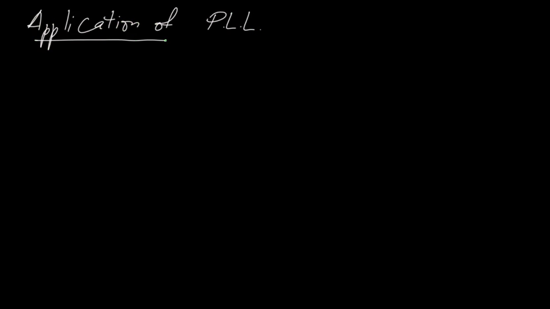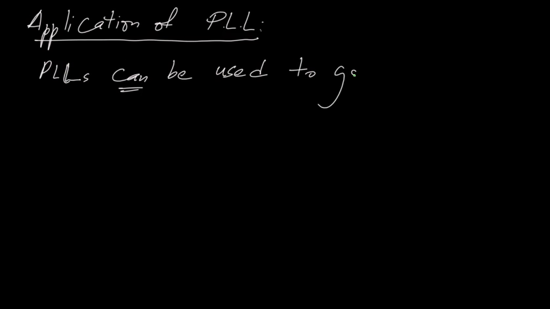Those of you that took 340 or 365 may know this. A PLL allows you to synthesize frequency. So PLLs can be, this is just one option, used to generate signals at higher frequencies.